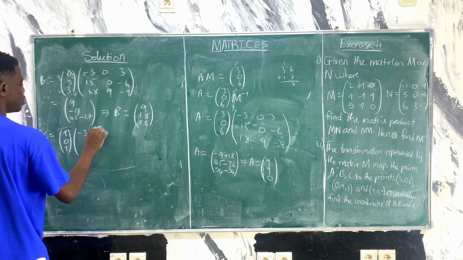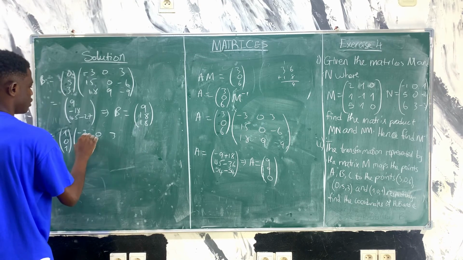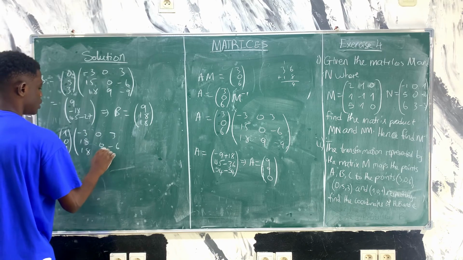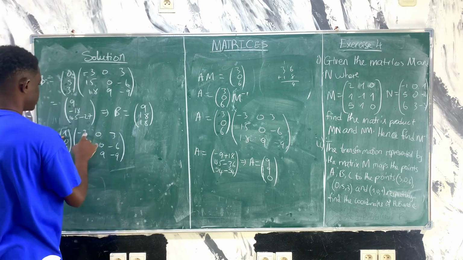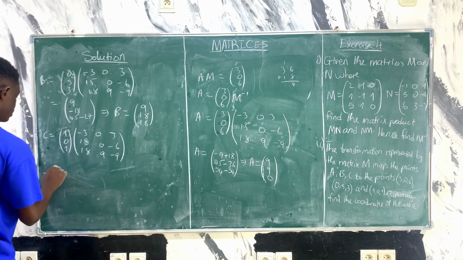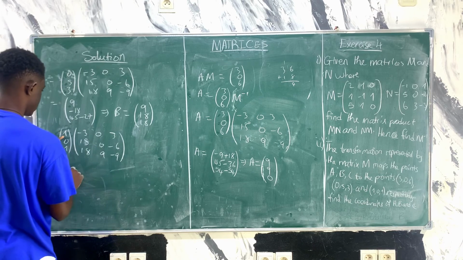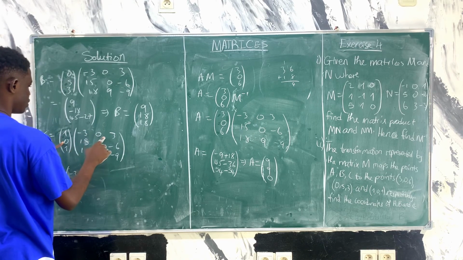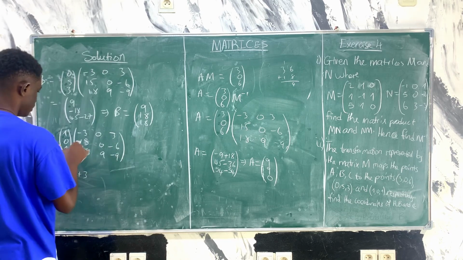C is going to be the same, with minus 3, 0, 3, 15, 0, minus 6, 18, 9, minus 9. So this is going to be equal to minus 3, 0 plus 3.